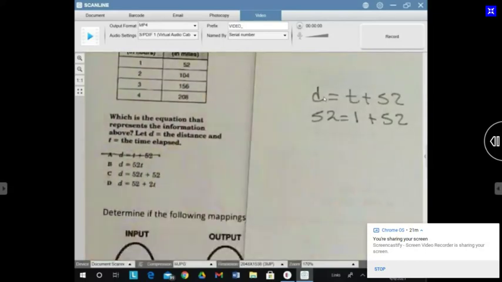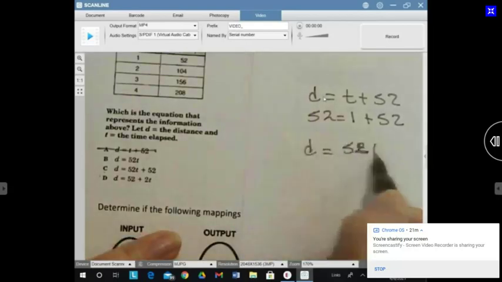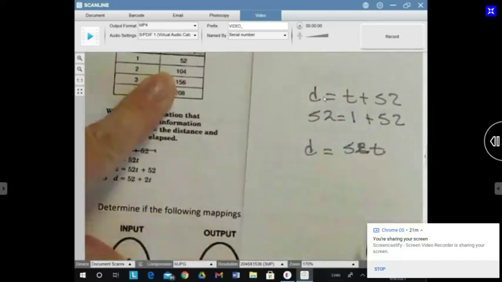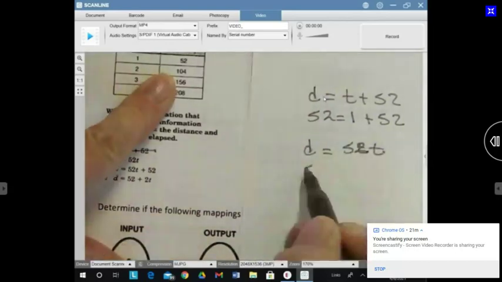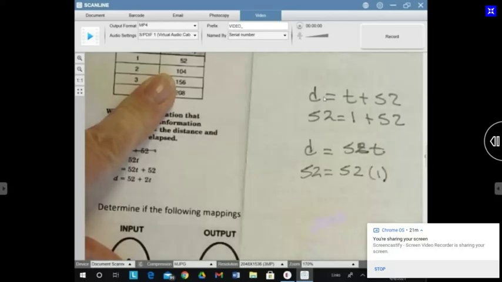Okay. Then I'm going to look at B. D equals 52 times T. So looking at my table, starting to pull the coordinates from my table, I'm going to say 52 equals 52 times 1. Is that true? What's 52 times 1?